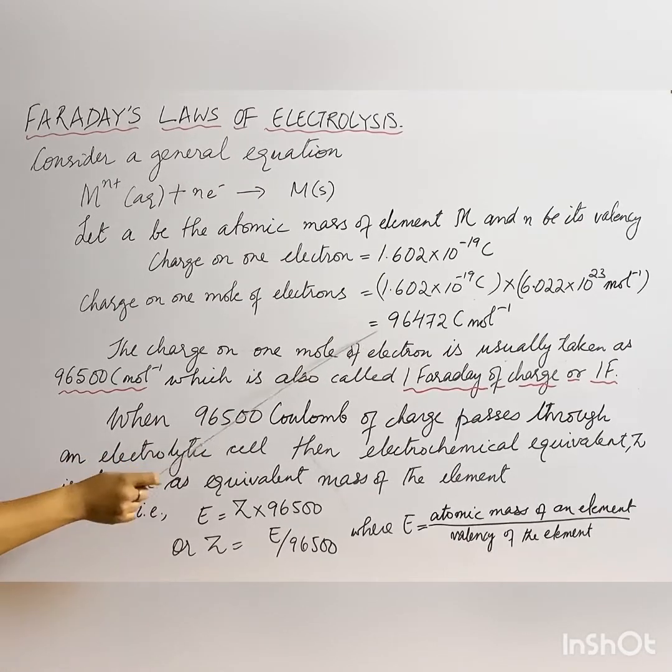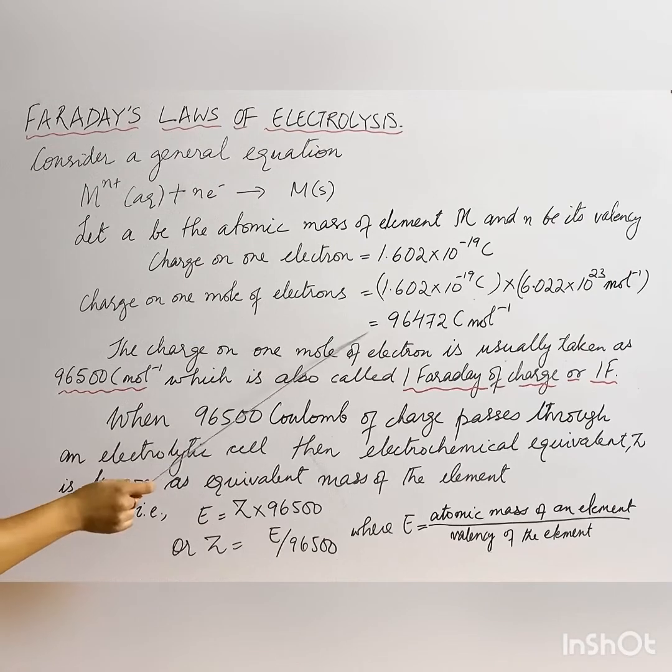So this particular quantity is what we call a Faraday of charge. This quantity is the minimum amount of charge that is required by an electrode in order to carry on the process of oxidation or reduction.